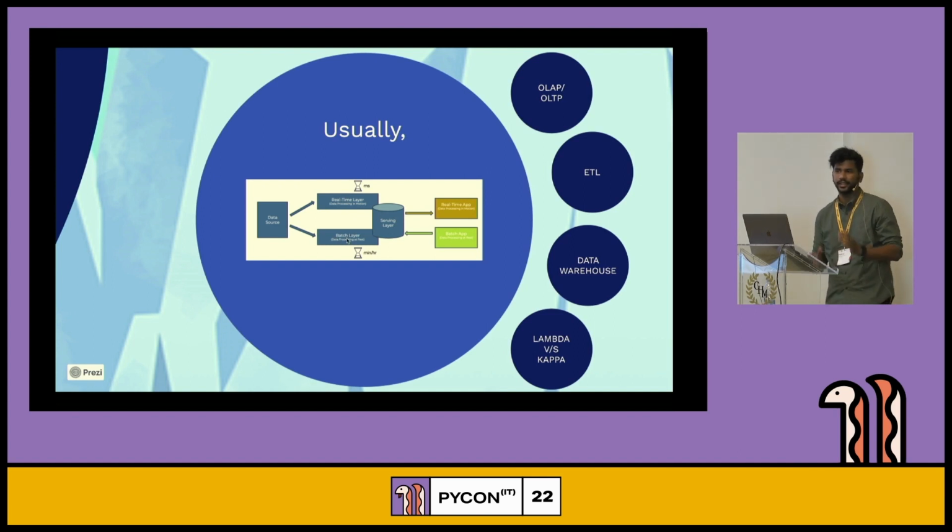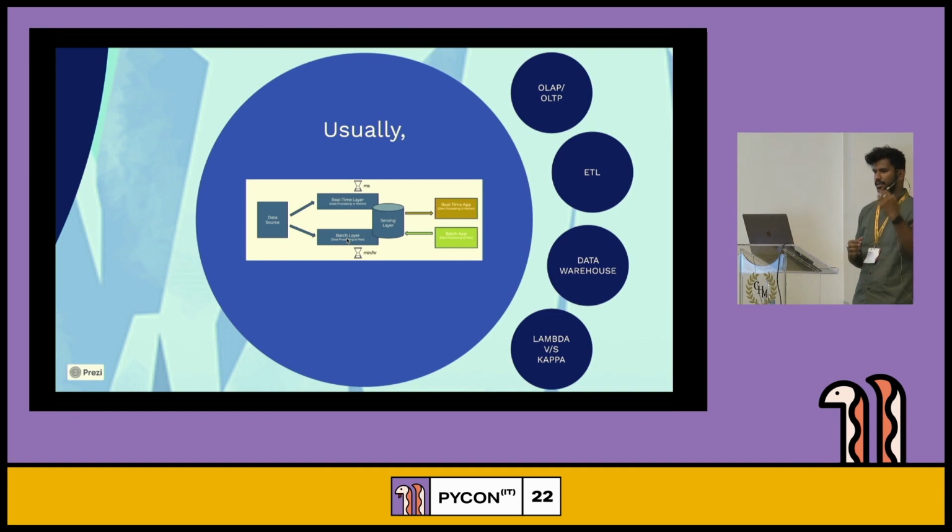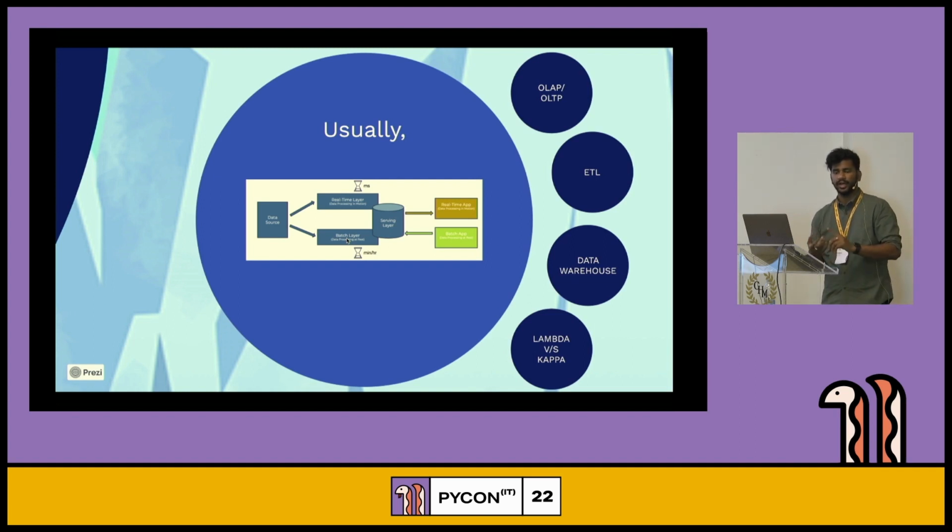Batch layer is basically when you take data from your source in a set of batches, and these batches could be time-driven, could be business-logic-driven, could be any sort of metric that you want your batches to be on.